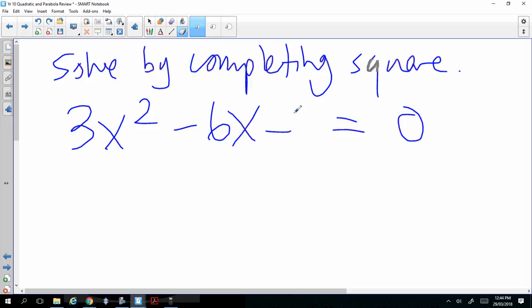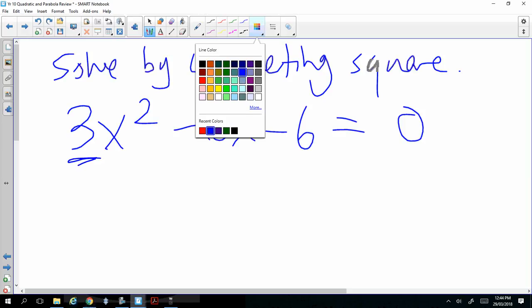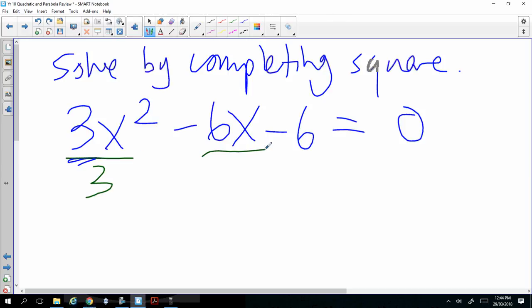So how do you solve it if there's a number in front of x squared? You have to divide every term by 3 to get rid of the number, so you turn it into monic. By completing the square, you have to get it into monic. When it is monic, you just follow the same procedure. x squared minus 2x equal to 2.